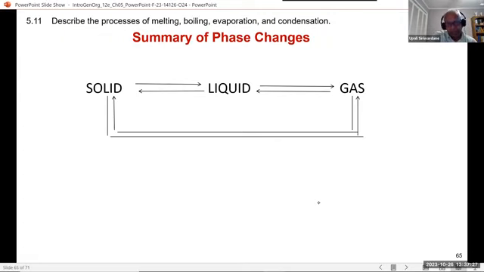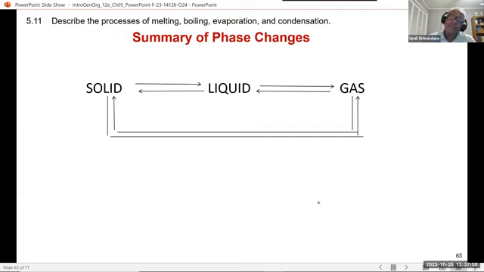These arrows going forward and backward show solid can go to liquid or liquid can go to a solid. Liquid can go to gas, and gas can go to liquid.